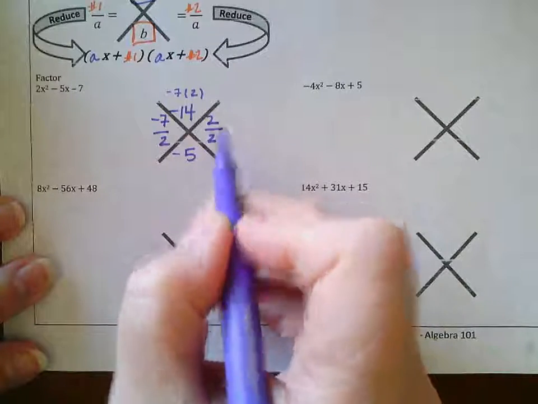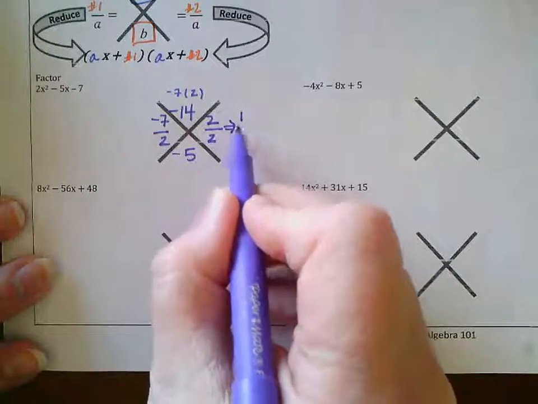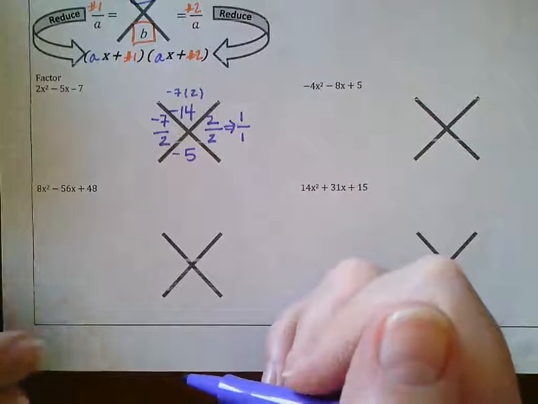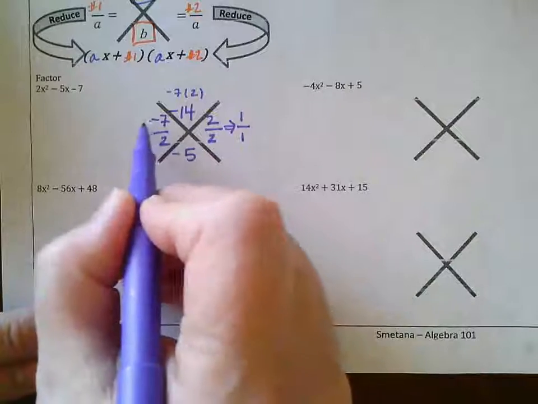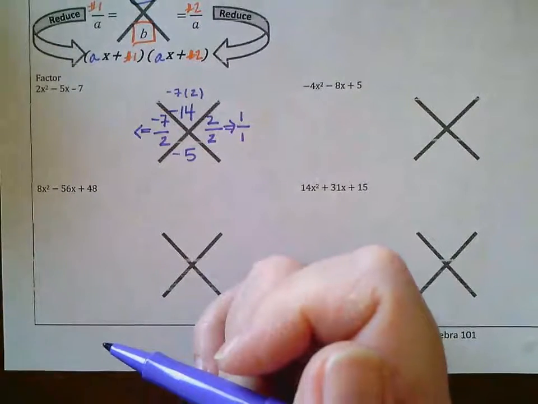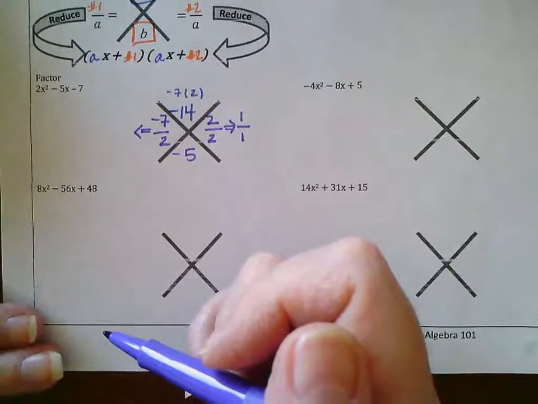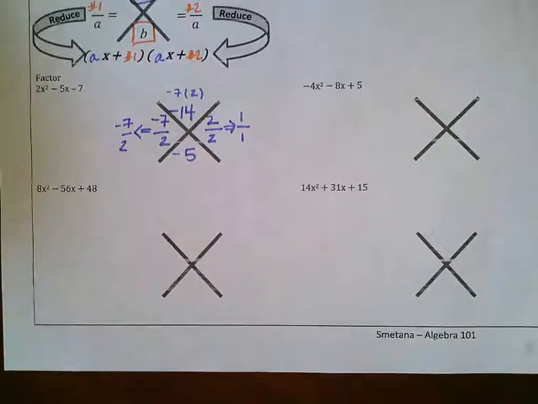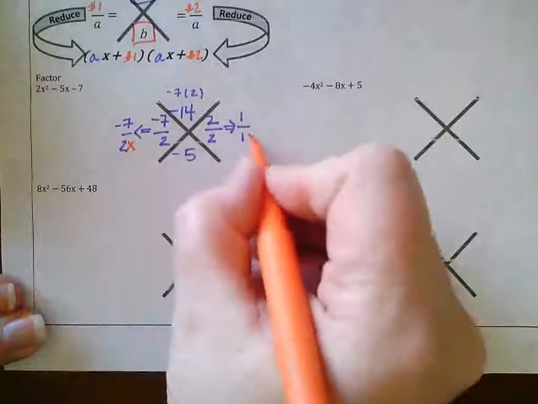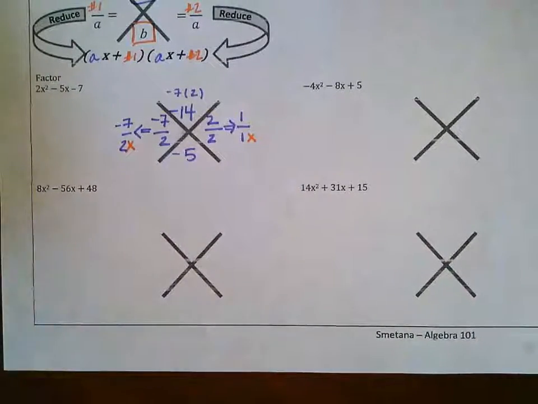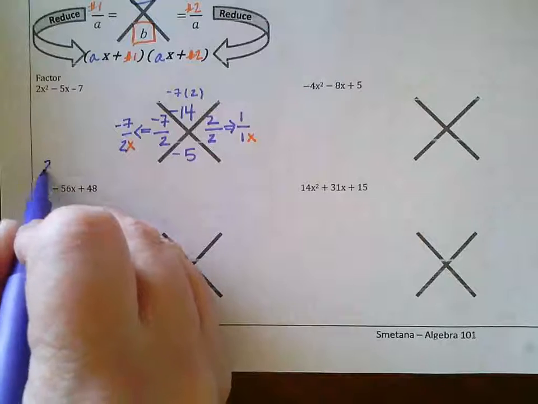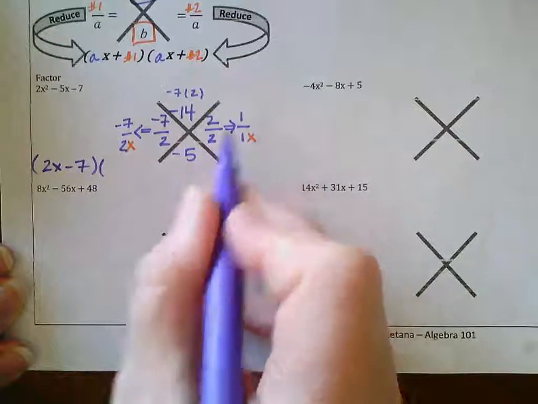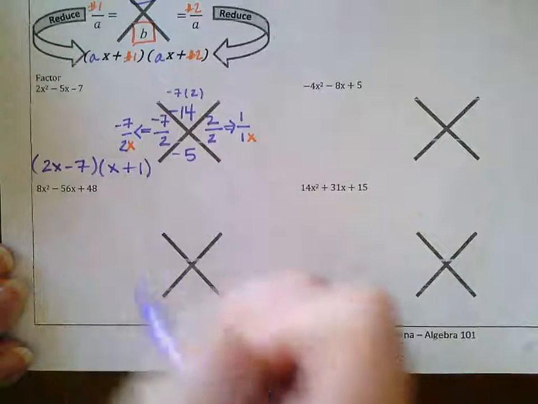Now we all know that 2 over 2 is 1, but in this case you're reducing to 1 over 1, and then you're just going to leave it alone. And here, this is already technically in what you would consider reduced form for this type of problem. So I'm just going to rewrite it. Remember, this is where your x's are. So when you factor this, it's going to be 2x minus 7 times x plus 1. I almost said minus, but it's plus.